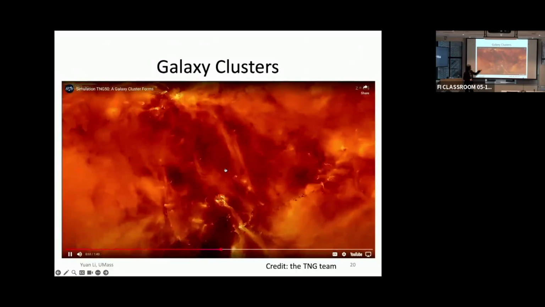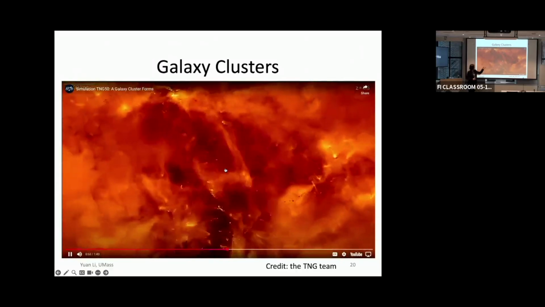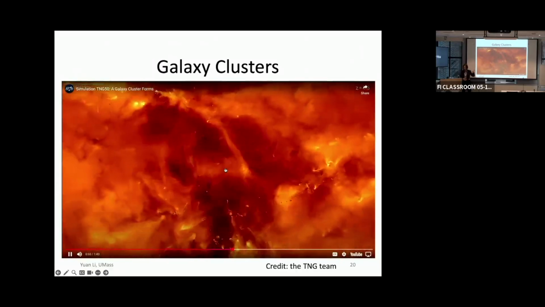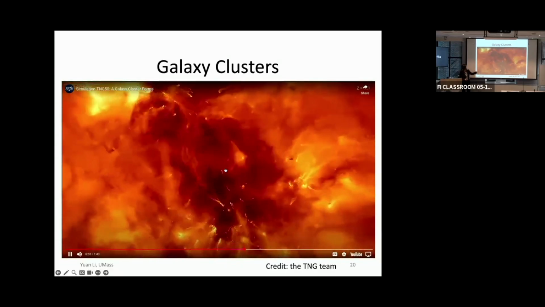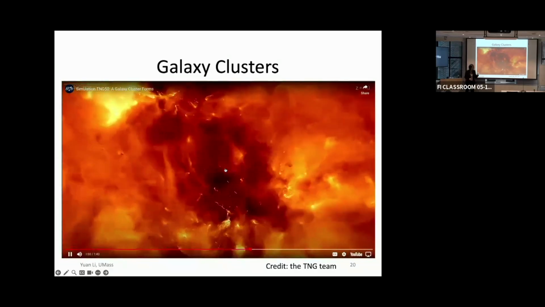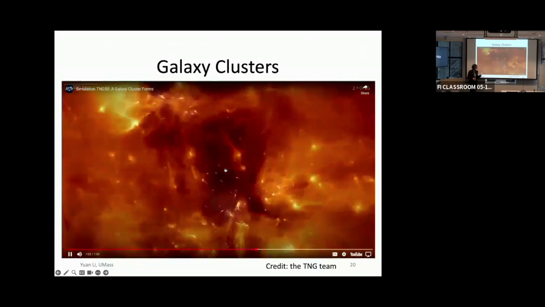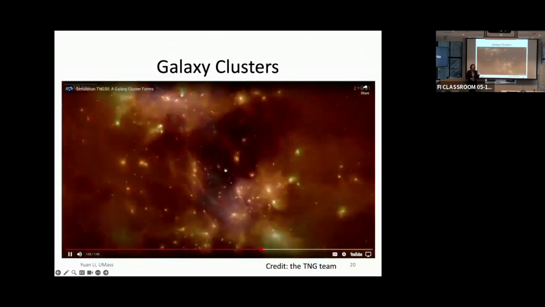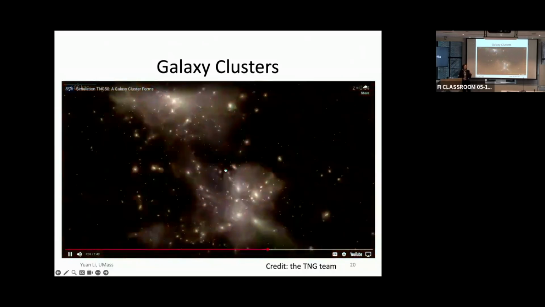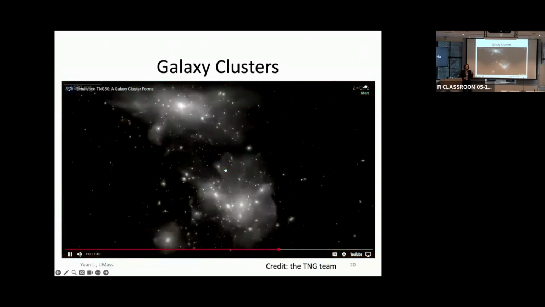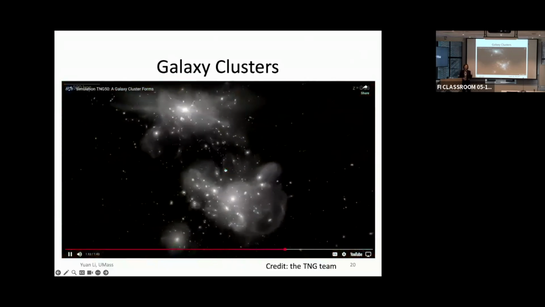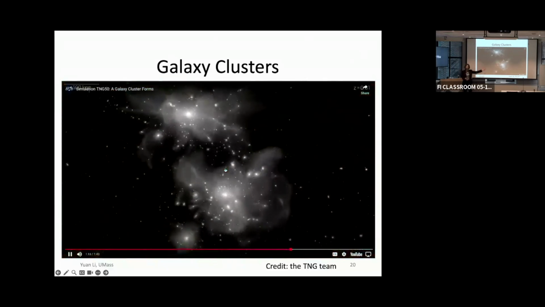I think towards the end of the movie, the color will switch to the stellar component, or the galaxies in the galaxy clusters. But the majority of the mass is actually in the dark matter inside the galaxy cluster. They're mostly held together by the dark matter. And the majority of the baryons are not in the stars either.